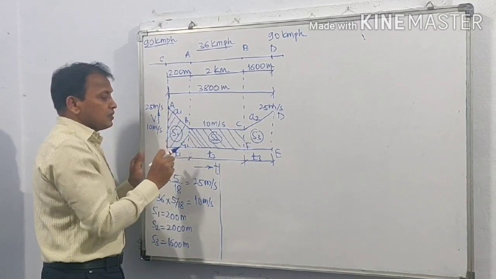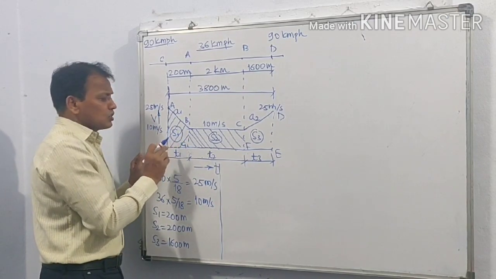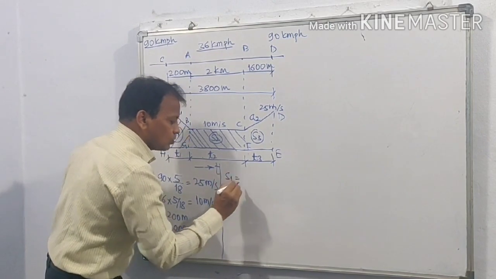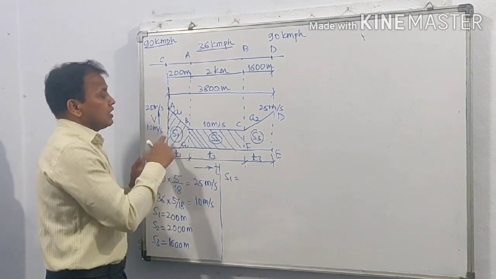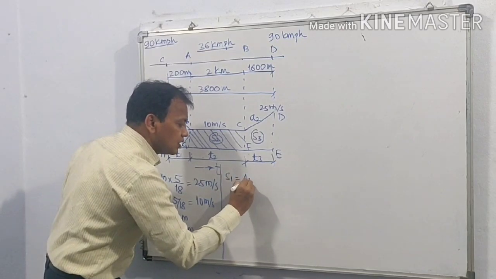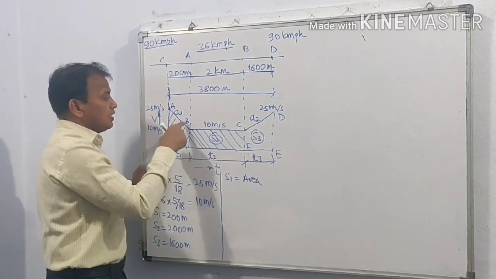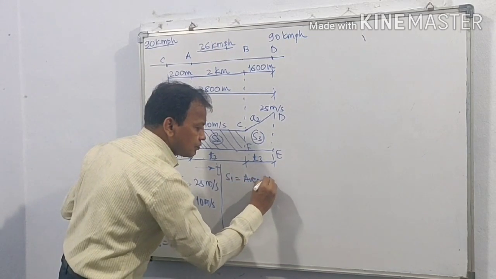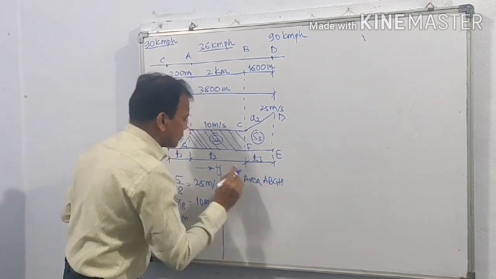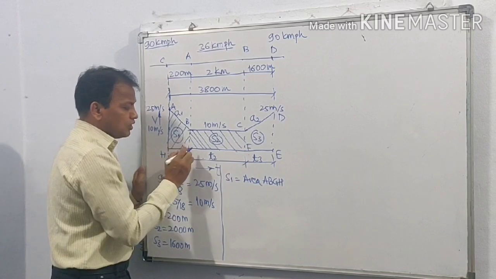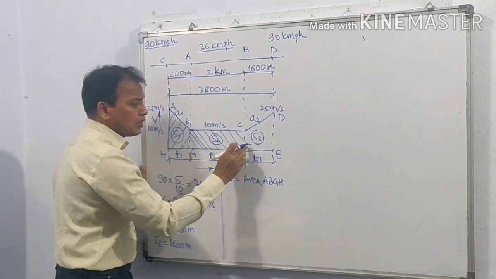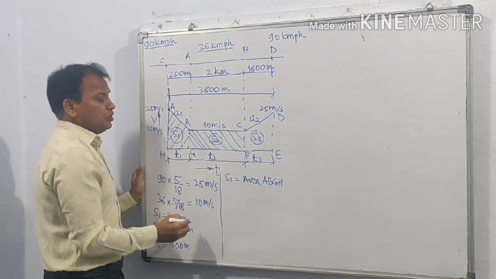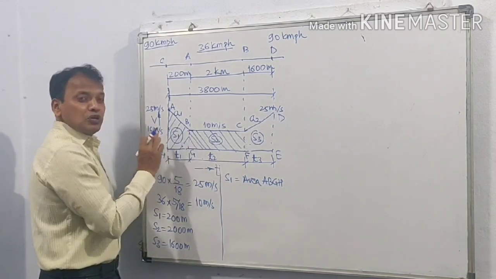Area under graph, that is distance traveled. So distance traveled is known. So let S1 is equal to area under graph, that is area ABGH. Look at point G. G point is here. This is F point. So area ABGH. This is trapezoid.